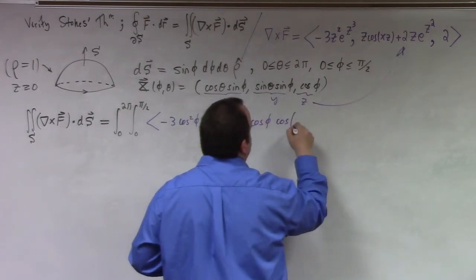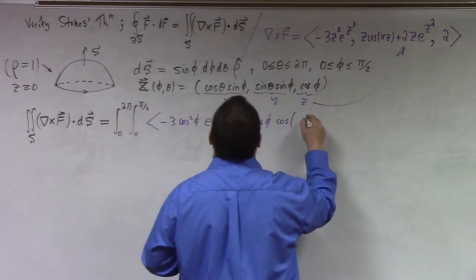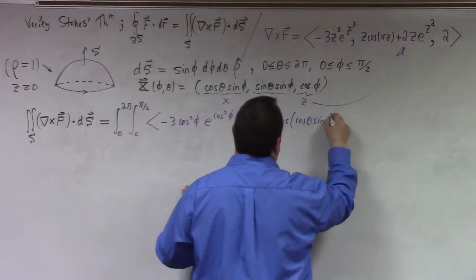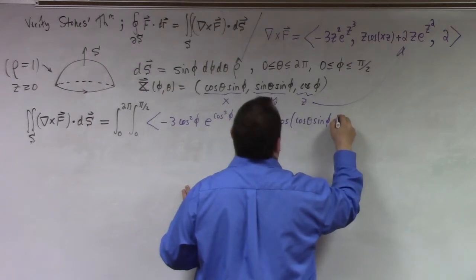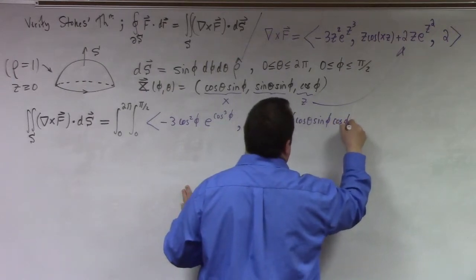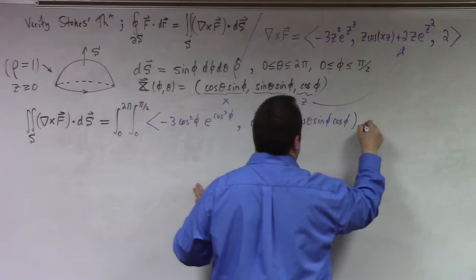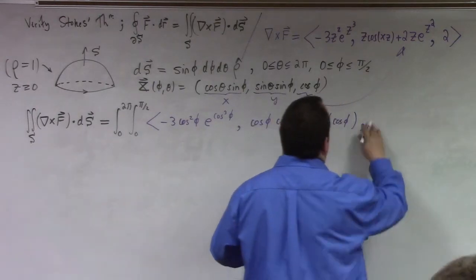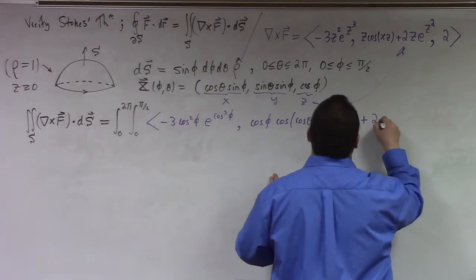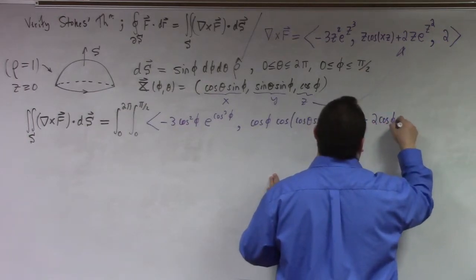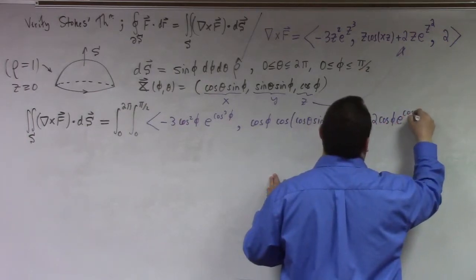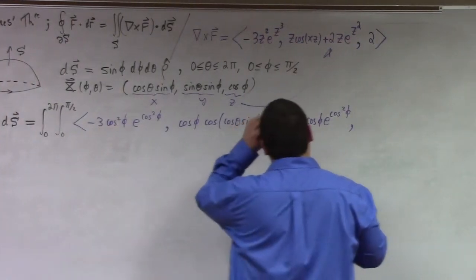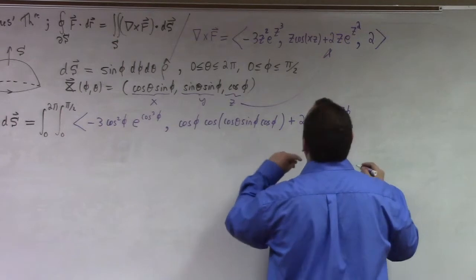Cosine theta, sine phi, cosine phi, comma. Oh, I still didn't get the other term, did I? Plus 2 cosine phi, e to the cosine squared phi, 2.